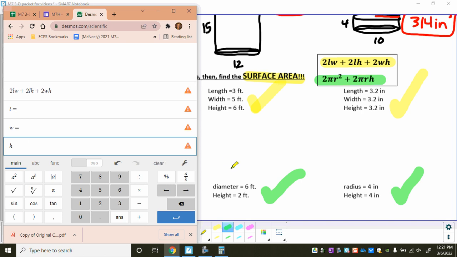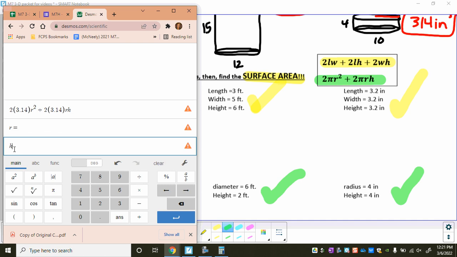And then for the next set, you're going to be typing in 2, and then 3.14 for pi. You've got radius, which is getting squared. Then it's going to be plus 2, friendly reminder, 3.14 again, and then RH. And then down here, you just need to tell it what the radius and the height are.